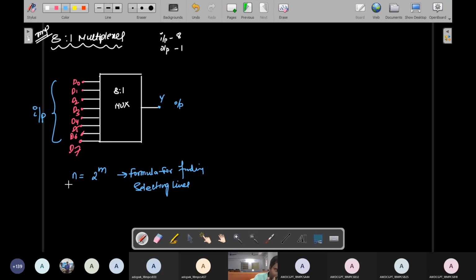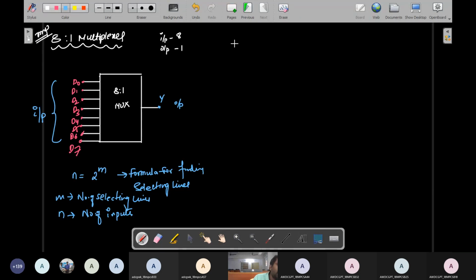So here, as I already told you, m is nothing but the number of selecting lines, and n is nothing but the number of inputs.